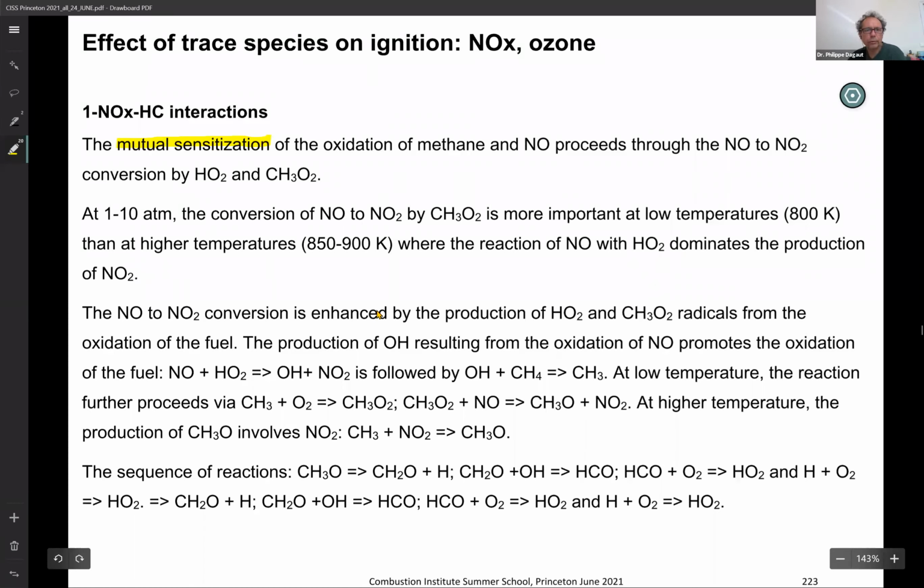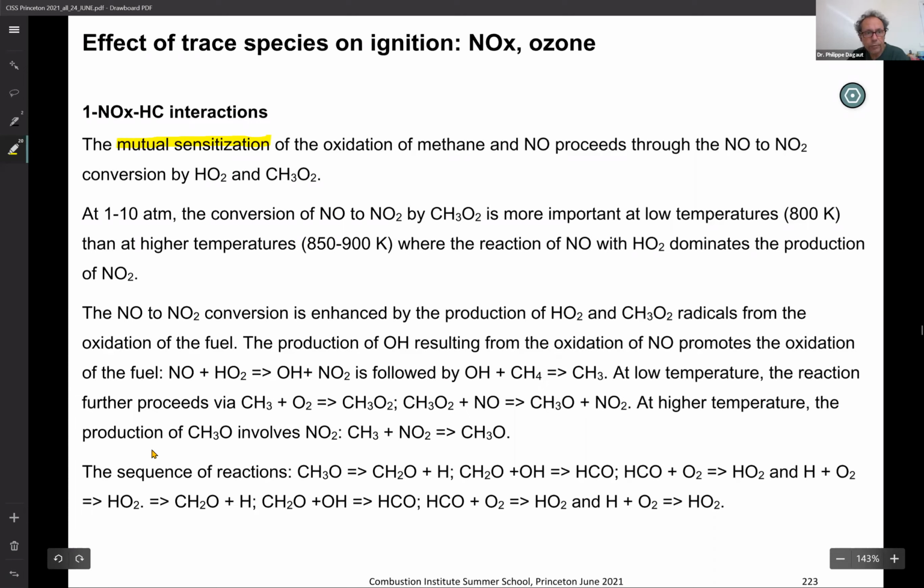And the NO to NO2 conversion is enhanced by the production of HO2 and CH3O2 radicals from the oxidation of the fuel. So the production of OH resulting from the oxidation of NO by HO2, NO plus HO2 giving NO2 plus OH, promotes the oxidation of the fuel. NO plus HO2 giving NO2 plus OH is followed by OH plus methane giving CH3 plus water.